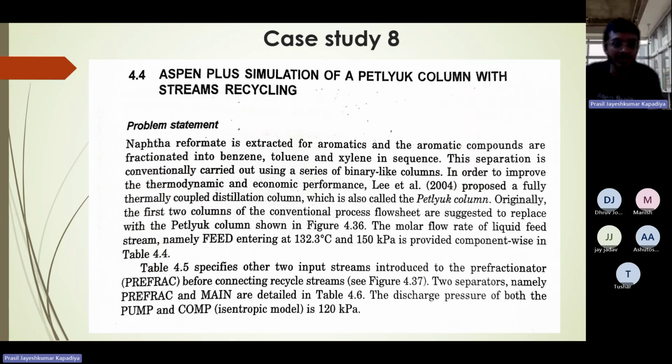This separation is conventionally carried out using a series of binary-like columns. In order to improve the thermodynamic and economic performance, Lee et al. proposed a fully thermally coupled distillation column, also called a Petlyuk column. Originally, the first two columns of the conventional flowsheet are replaced with this column.